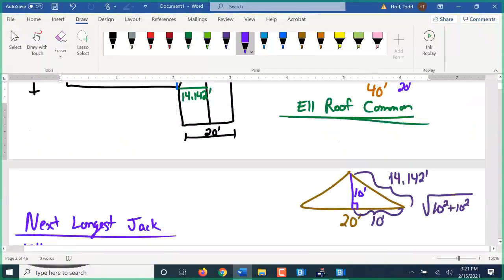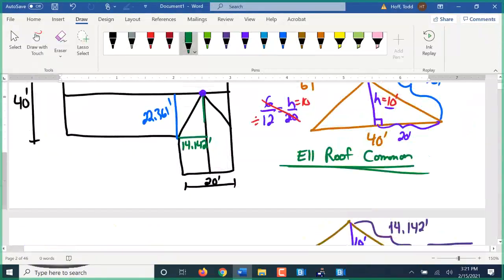On the L roof, we have this triangle here, 14.142. What's this distance? Half of our 40-foot span, right?